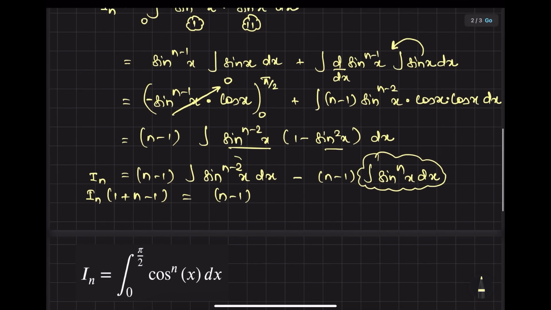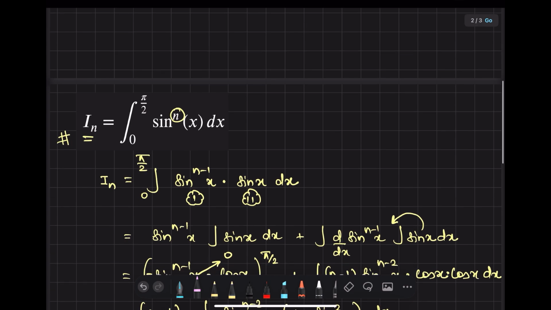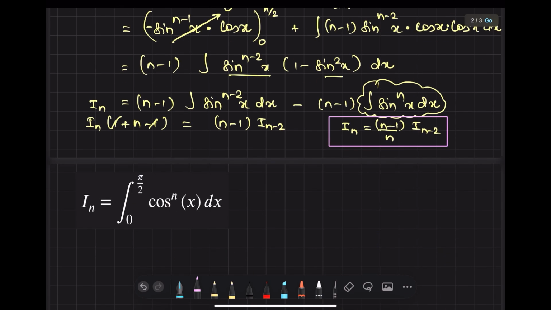Here the power of sine is n minus 2, so this becomes I of n minus 2. So I can write I_n is equal to (n minus 1) by n into I_(n minus 2). So we got our result. I hope you are comfortable with this reduction formula. Now with a change in n, you can find the direct result from here.